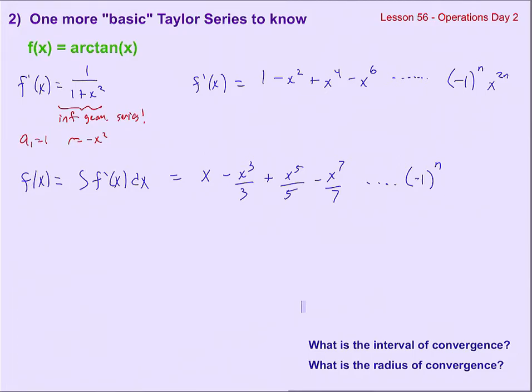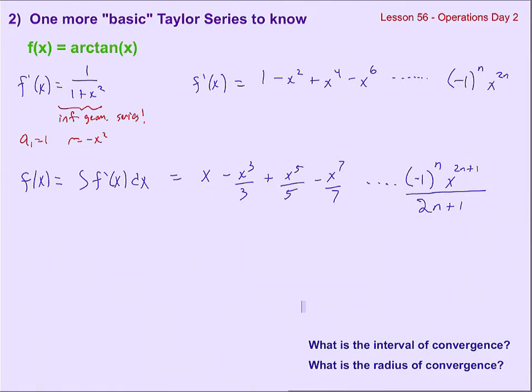But now our exponent on the x isn't 2n, it's 2n plus 1 because we used the power rule. So every time we had an exponent of 2n, we had to add 1 to it. But because of the power rule, we also have to keep putting the denominator to match that new exponent, 2n plus 1.